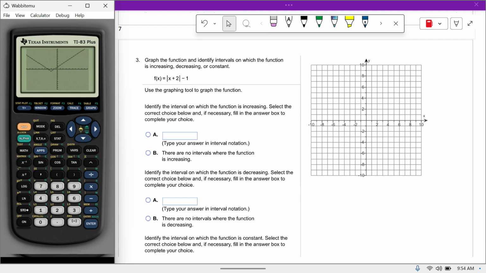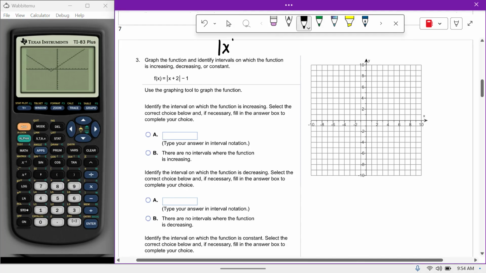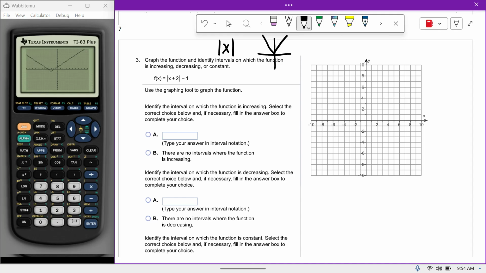So what has happened? Well, I know the absolute value of x is a V shape which lands right on 0, 0. What happens on the inside affects the x, so it moves it 2 to the left. What happens on the outside of the absolute values affects the y.